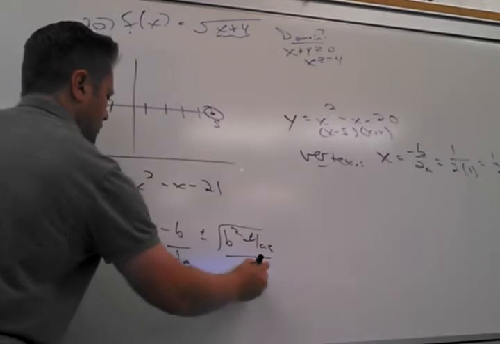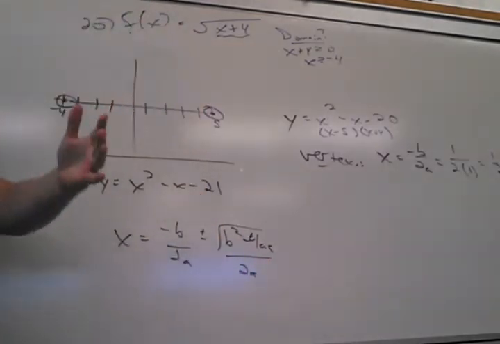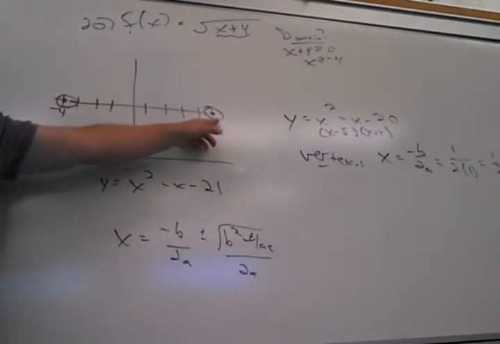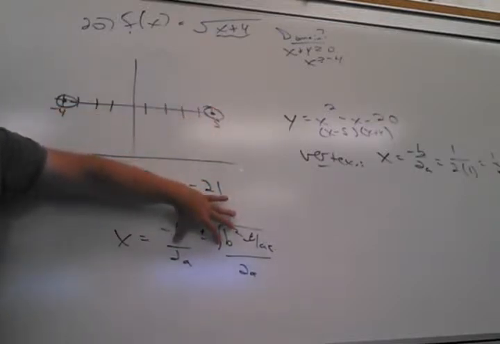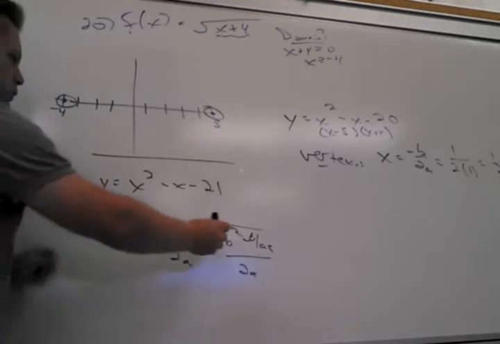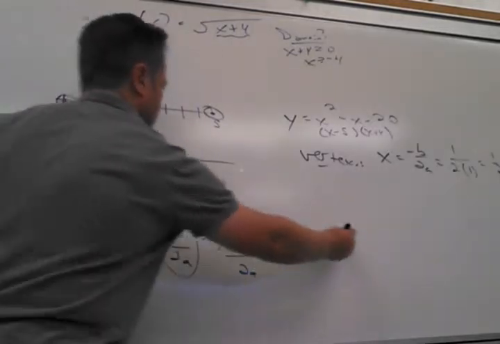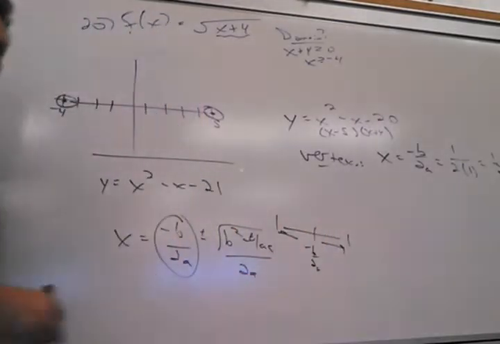Let me write it like this, because I can break those pieces up, each of them over 2a, right? So since the vertex has an x value that's right in between our intercepts, these would be our intercepts. So what would be right in the middle of negative b over 2a plus this much, and negative b over 2a minus the same amount?